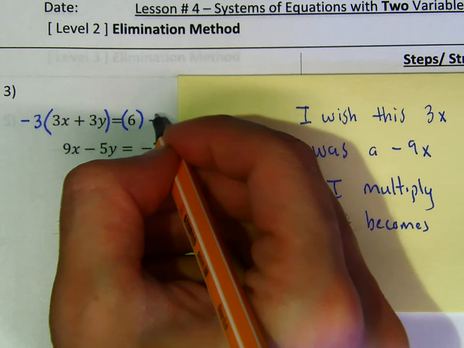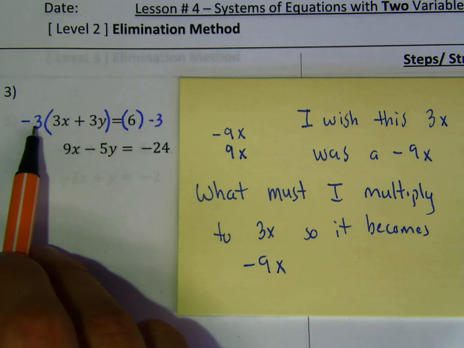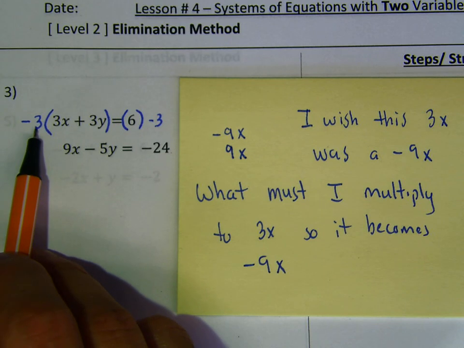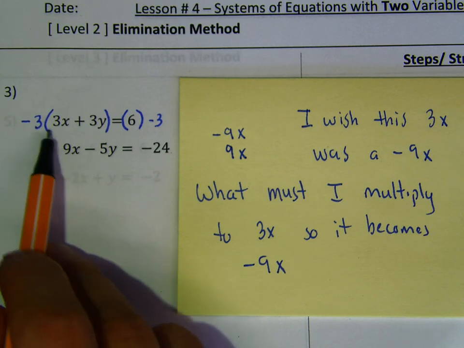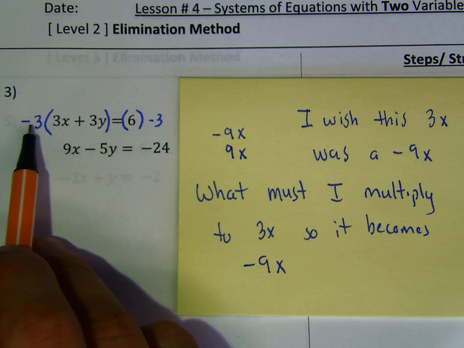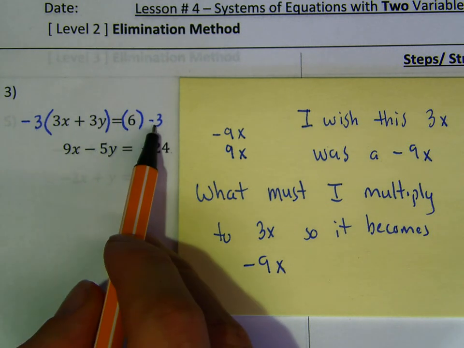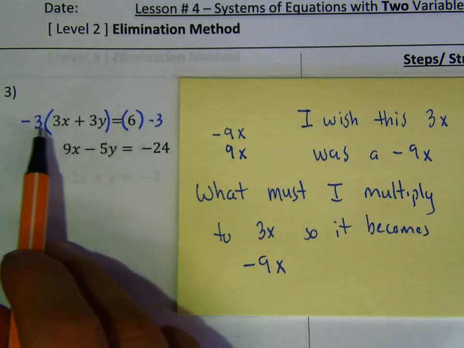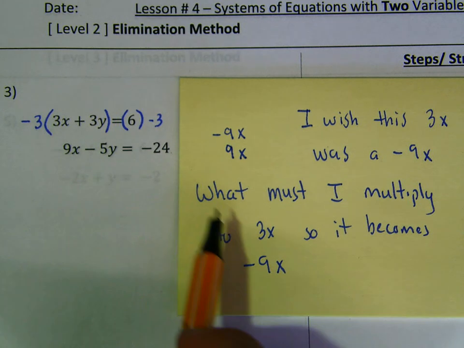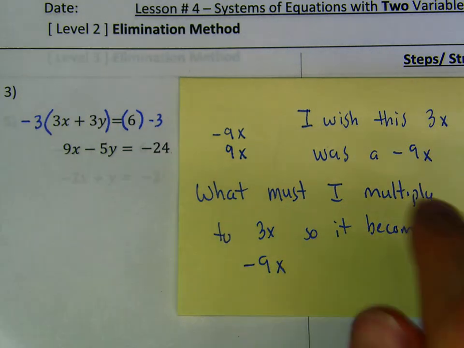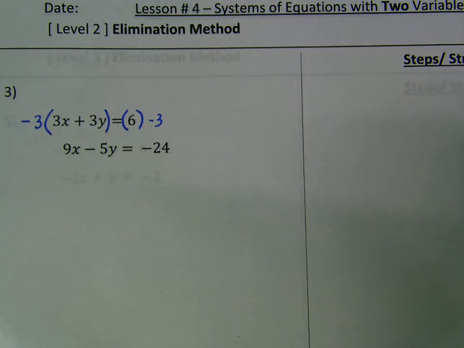And that's what you're allowed to do. You're allowed to multiply any number you want to either equation. And if I multiply something to one side, I have to multiply it to the other side. Because you want to make this 3x become a -9x. So let's take a look.